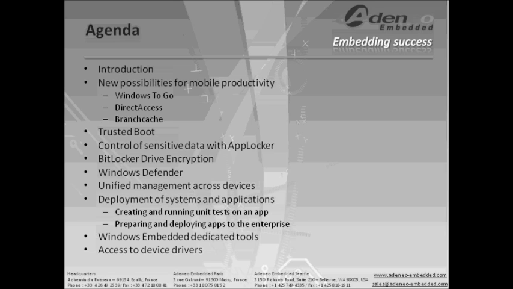These line of business applications are generally only deployed to users that take part in the business operation for a particular enterprise. For this kind of need, Windows Embedded 8 offers new possibilities for mobile productivity and enhanced end-to-end security by providing enterprise-class security capabilities.